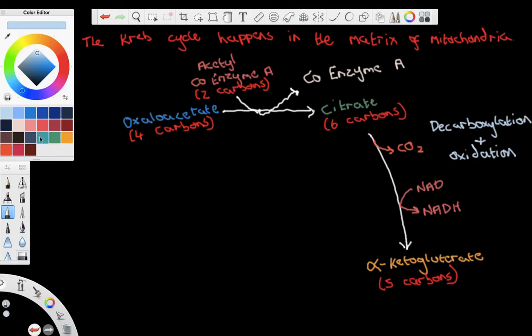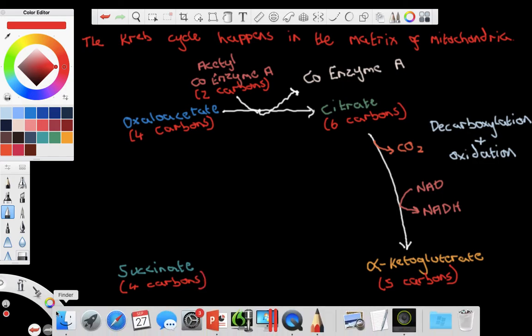Alpha-ketoglutarate is then turned into a molecule known as succinate, S-U-C-C-I-N-A-T-E. And succinate is made of 4 carbons.